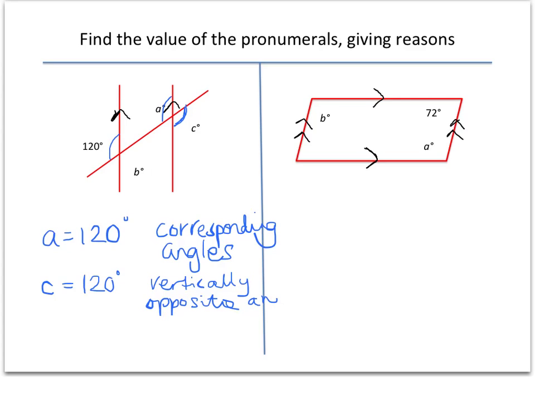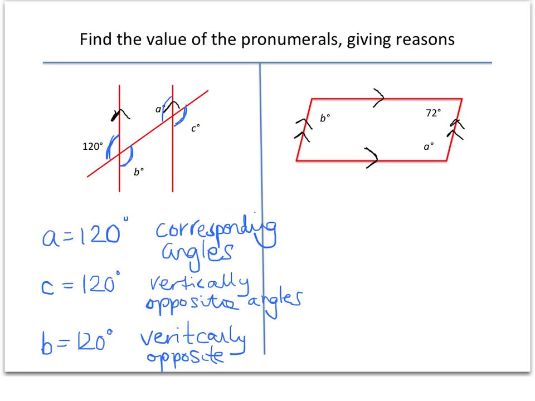Okay, and our last one here is B, and hopefully you'll notice that B is also 120 degrees. And that's because it is vertically opposite to that angle we got there, which we were given in the problem. So that's 120 degrees, and we know that because it's vertically opposite.